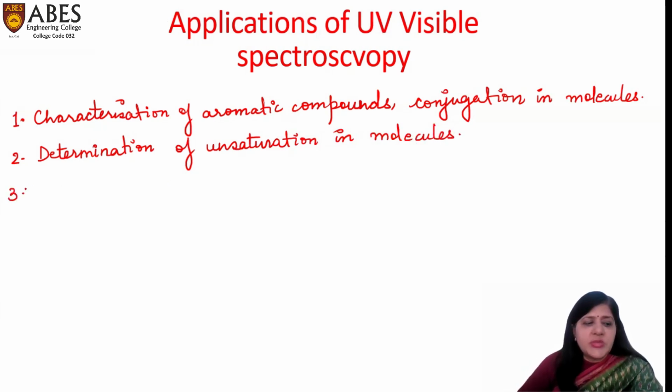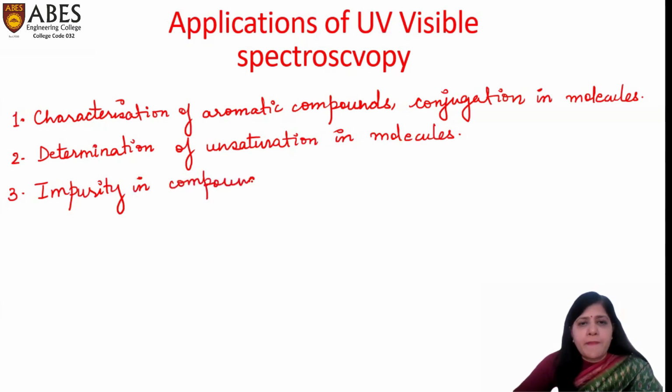It is used to determine impurity in the sample, impurity in compounds. For example, benzene is a common impurity in cyclohexane sample. Presence of benzene as impurity in cyclohexane sample is determined at 255 nanometer.